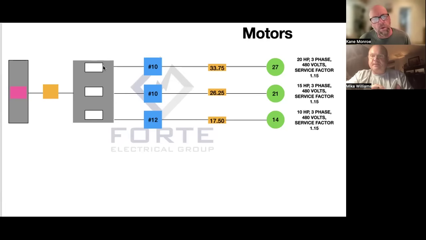So what we've got to do is take 50 amps because of that largest overcurrent protection, plus the FLC of all the remaining motors, 21 and 14. 85.